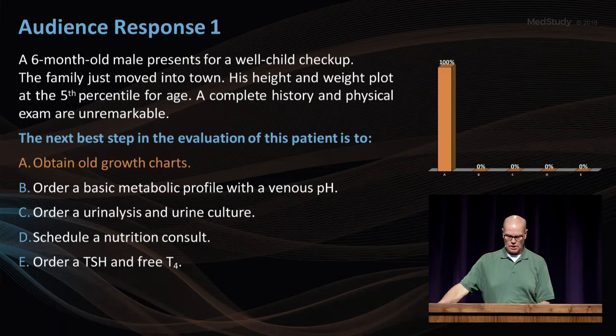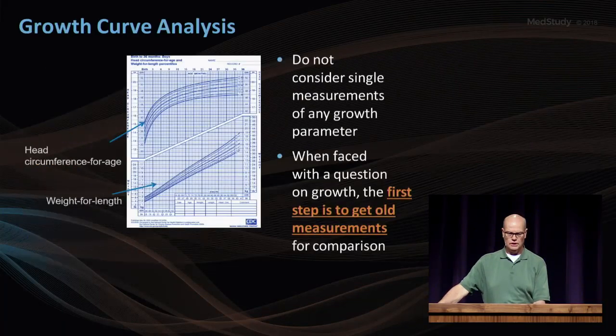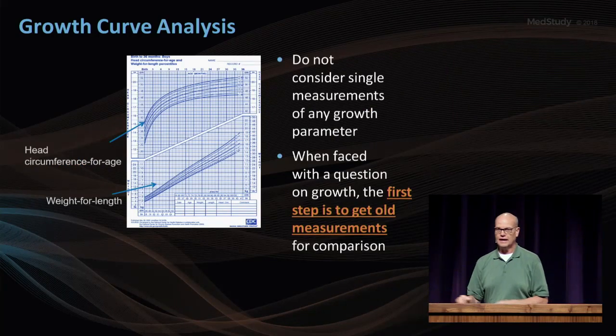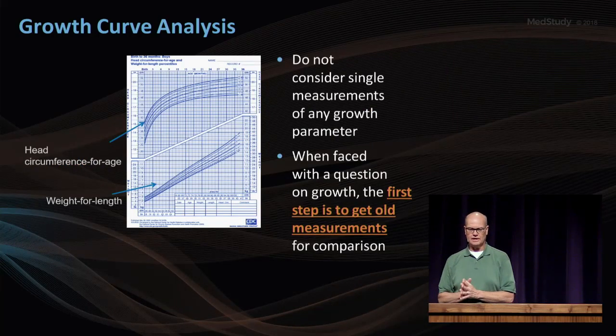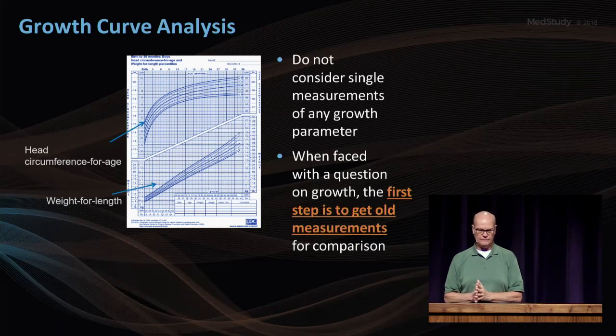Okay, great. So take-home message, don't do anything until you get more information. You're not going to want to make the diagnosis of failure to thrive based on a single measurement, if at all possible.